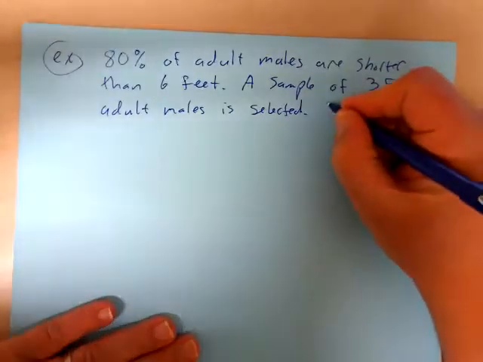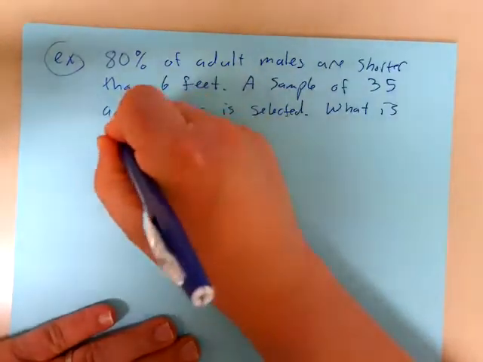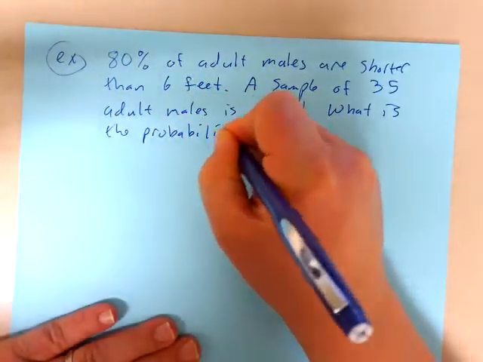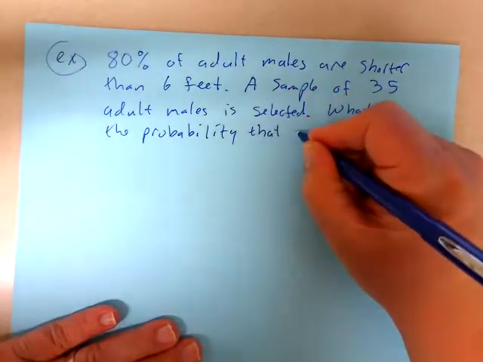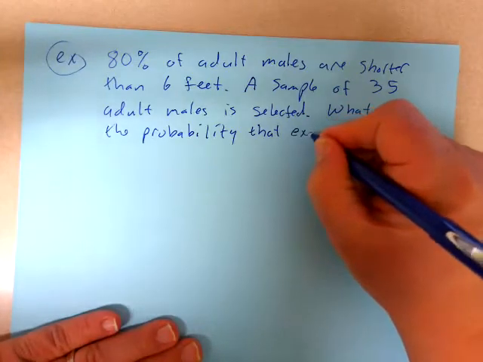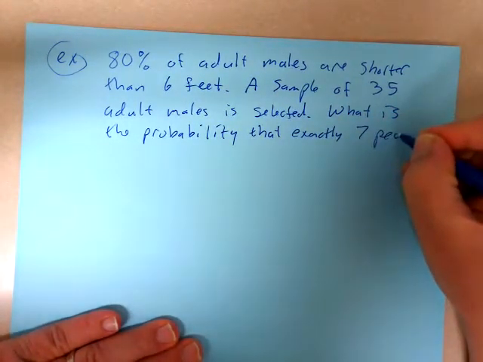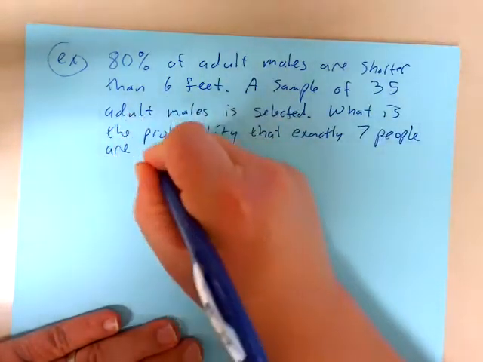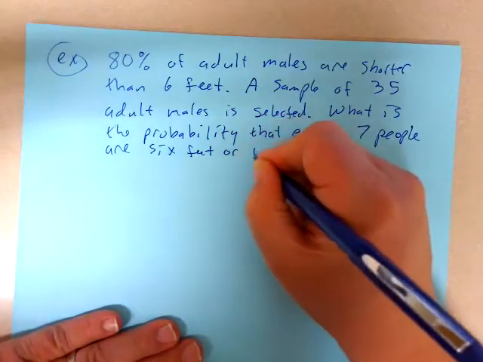So, what is the probability that exactly 7 people are 6 feet or taller?